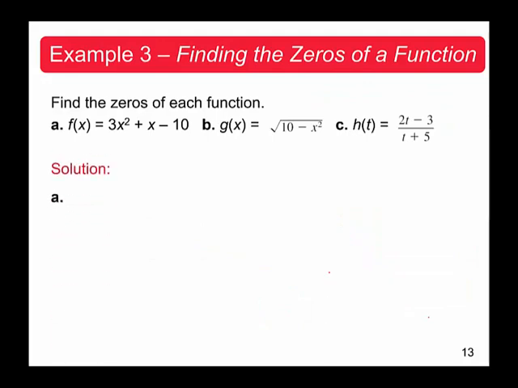Okay. A, we are given f of x equals 3x squared plus x minus 10. We're going to find the x-intercept, or zeros. So setting f of x equal to 0 first, that means 3x squared plus x minus 10 equals 0.